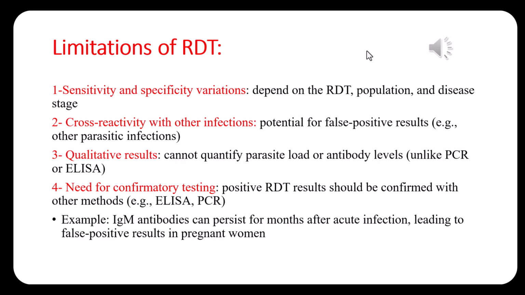For example, IgM antibody can persist for months after acute infection, leading to a false positive result, especially in pregnant women. This commonly occurs in our community. So when you do the rapid test and it is positive, to make sure, before you take a treatment, you have to confirm it with another laboratory test.